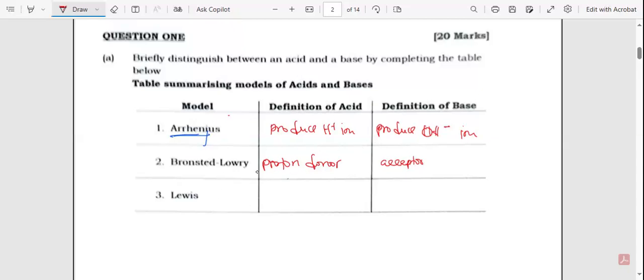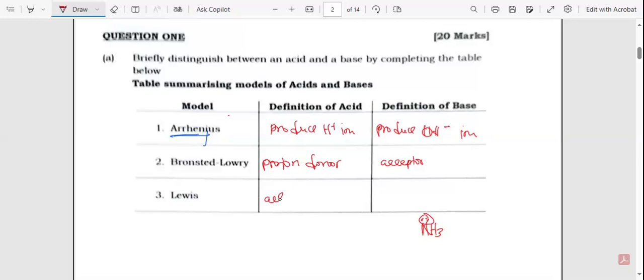Now Lewis. By the way, Lewis defined a base as something that has lone pairs, like for this one. These two electrons that are there are electron pairs. Lewis defined an acid as something that accepts an electron pair.